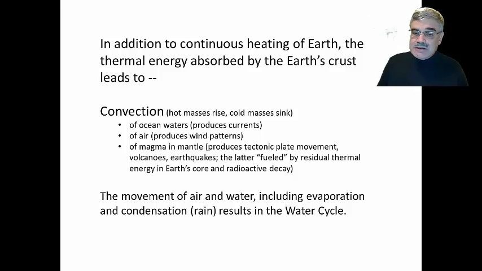And this convection can be convection of ocean waters producing ocean currents, convection of the air producing wind patterns, convection of magma in the Earth's mantle producing movements of tectonic plates, volcanoes, earthquakes, the latter being fueled by residual thermal energy in the Earth's core and the energy released through radioactive decay.